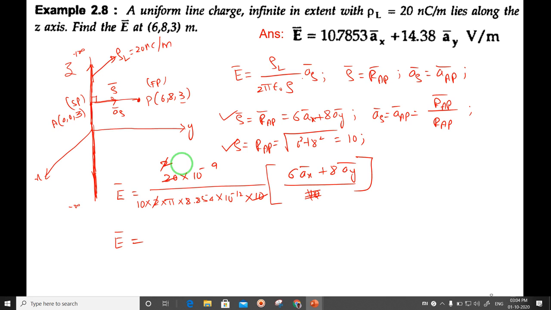10 to the power of minus 9 divided by 10 into pi, into 8.854 exponential minus 12. So I am getting 3.59. In the morning also I got the same thing, but it is wrong. I should get 1.79.